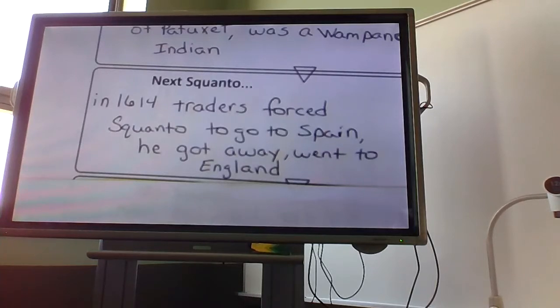You can write that down where it says next, because that's what he did. So he was safe. He did not become a slave. So you can get that copied. It's also in your book, so you can copy what's in your book.